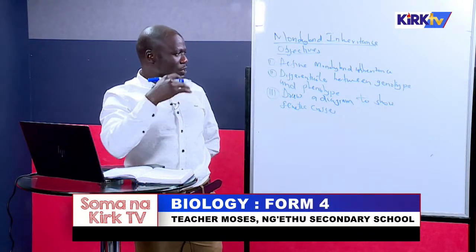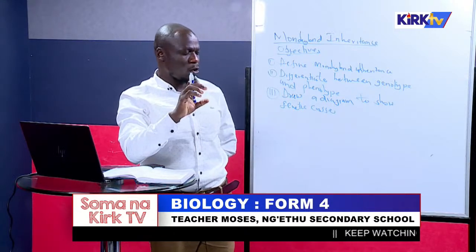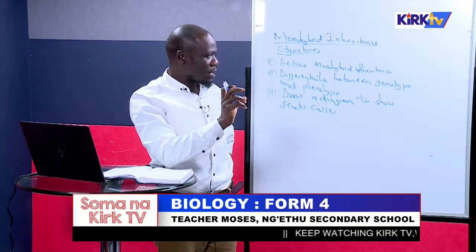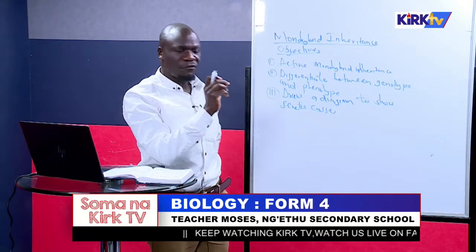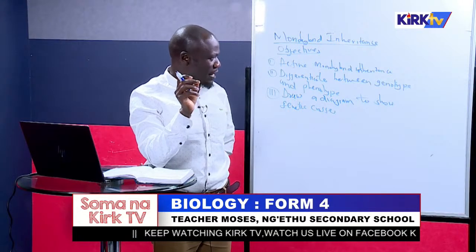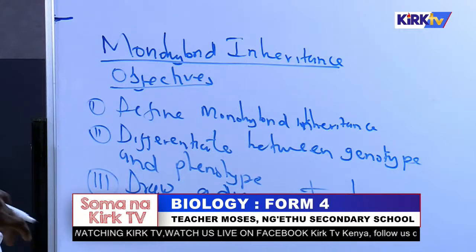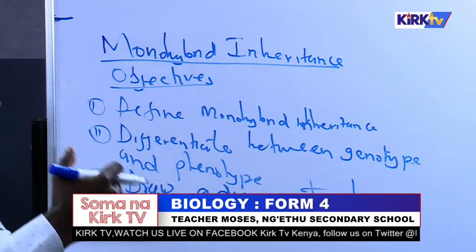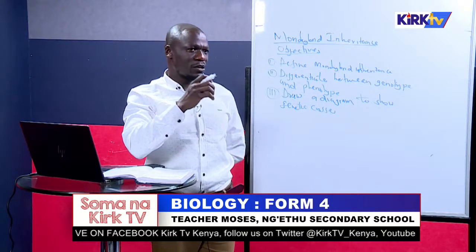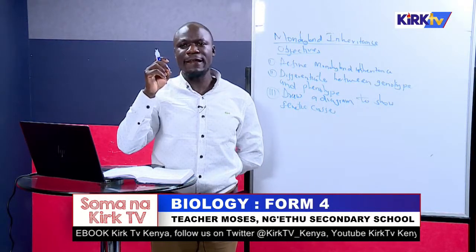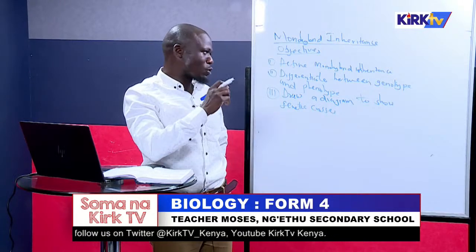We are told that genes, or the genetic materials, define the characteristics of every living organism. These genetic materials are passed from the parents to the offspring, and they are contained in a specific locus within a chromosome.